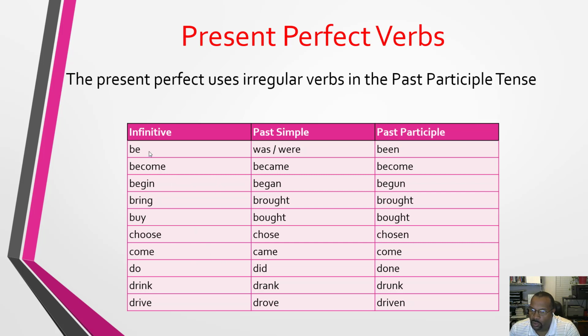All right, so the infinitive, or the base verb. Think of this infinitive as the base. Right, so base would be "to be." Past simple is "was" or "were," depending on who you're talking about or talking to.